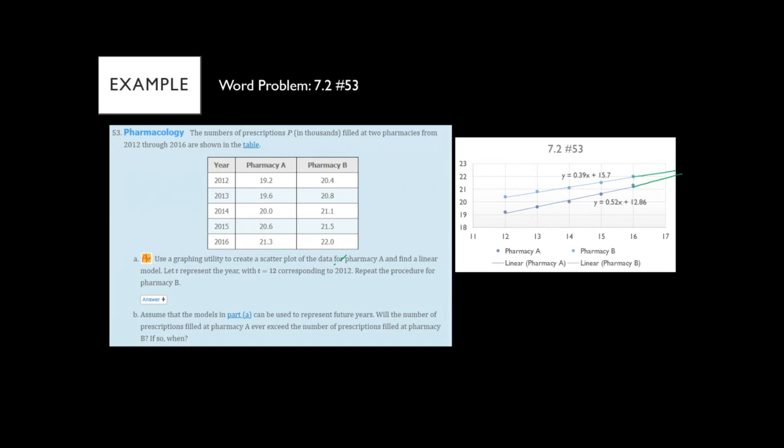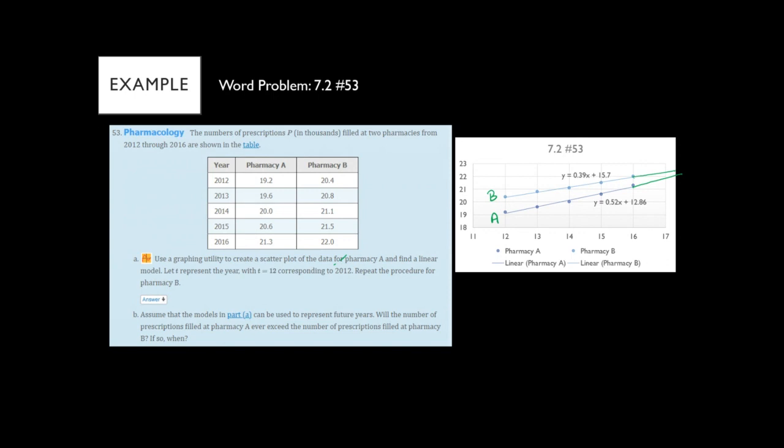PowerPoint wouldn't let me really change the colors on this. So I'm just going to label this bottom one A, the top one B. They're very similar blues. That was the best it gave me. So you can see by the equations they don't have the same slope. So I had said at the very beginning that if you have two lines and their slopes are different, they're guaranteed to intersect.